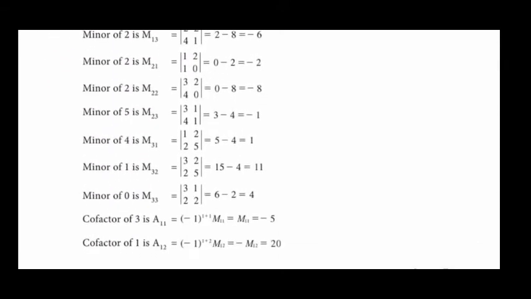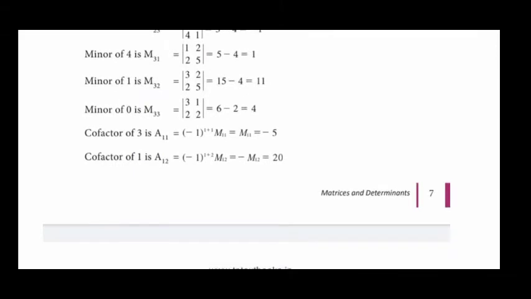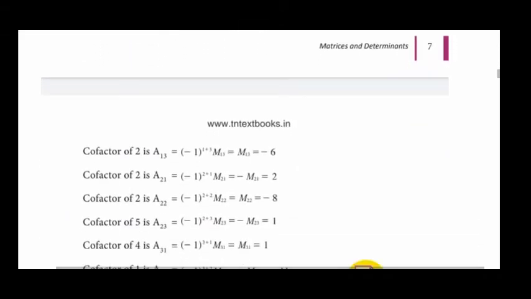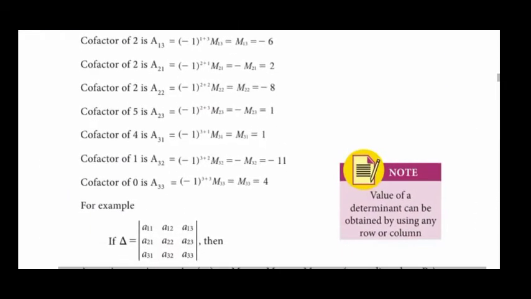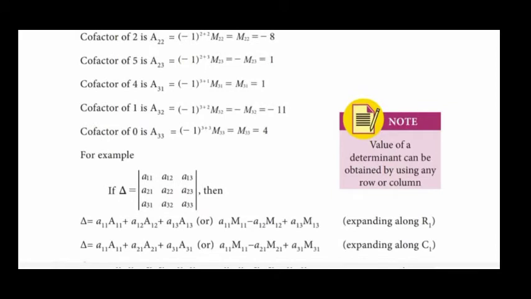Each and every element we are finding the minor as well as the cofactor by giving the sign according to the rows and columns it lies in. Okay, so here one note is given. Value of determinants can be obtained by using any row or column.